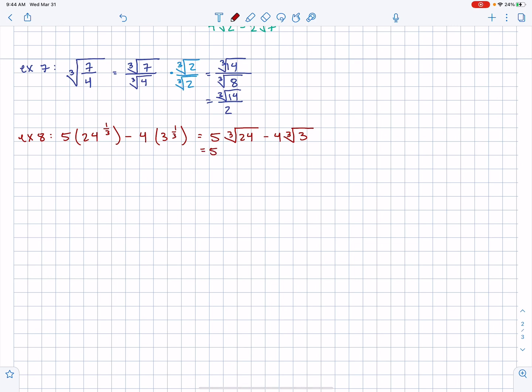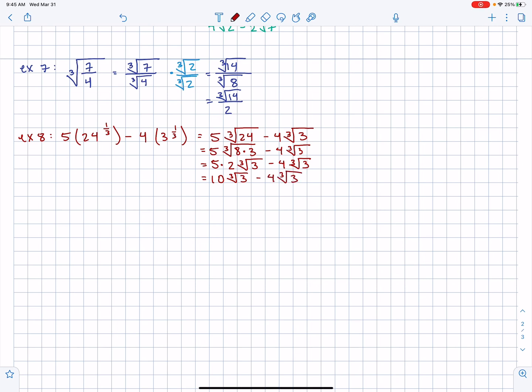Well, hey 24, you can be broken down into 8 times 3, and we like those factors because the cube root of 8, as we've said like 1,500 times today, is 2. So now we're looking at 10 cube root 3 minus 4 cube root 3.